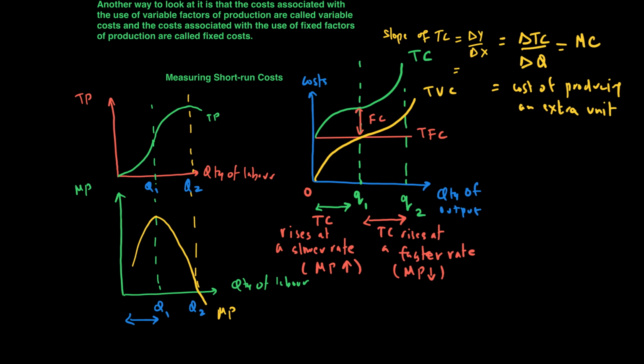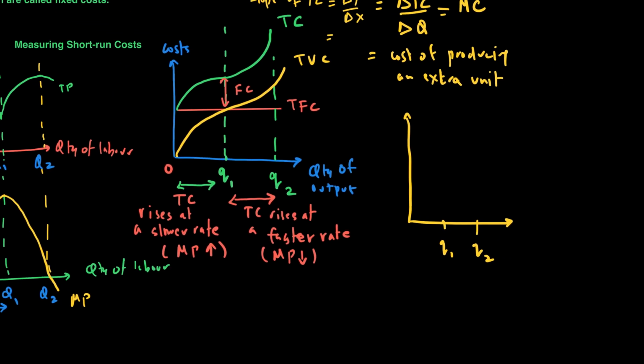Initially total cost is rising at a slower rate, which would mean that if I draw my graph for marginal cost, I'm going to have the same sort of Q1 and Q2 units, with marginal cost on my y-axis and quantity of output on my x-axis.